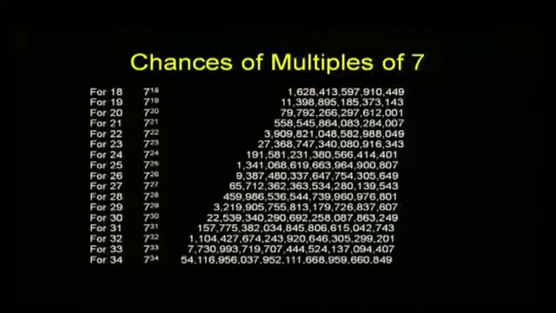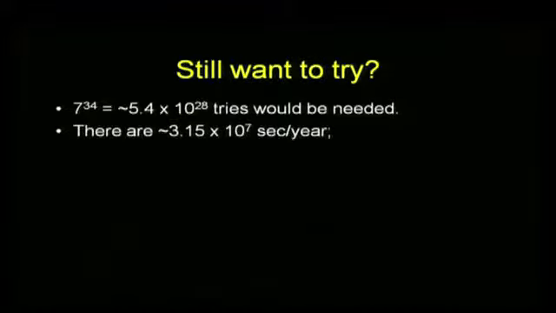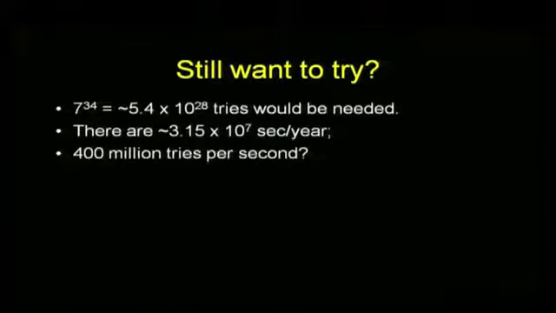Okay? And so if you still want to try doing this mechanically, that means 7 to the 34th power, that's 5 times 10 to the 25th tries that would be needed, and there are 3 times 10 to the 7th seconds per year. Let's assume you had a supercomputer that would do 400 million of these per second.